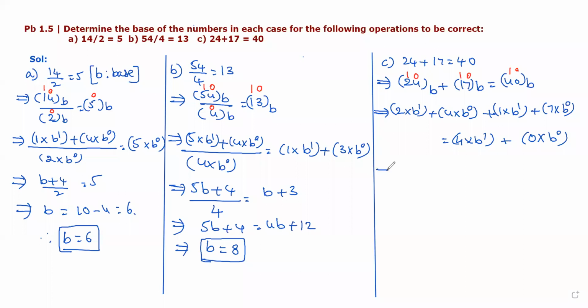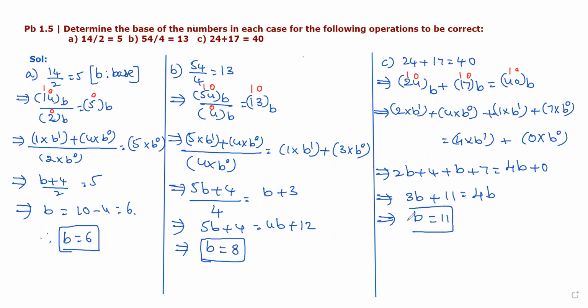It should be written as 2b plus 4 plus b plus 7 equal to 4b plus 0. It should be simplified as 2b plus b, that is 3b plus 11 equal to 4b. Now take 3b to the right side, then 4b minus 3b becomes b equal to 11. This is the base of the third combination of the numbers.